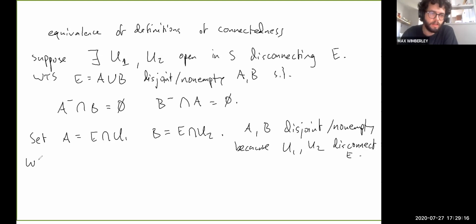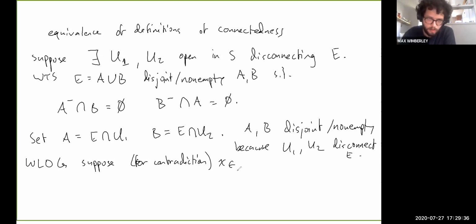In this case, it's a without loss of generality thing where we can argue by contradiction. Suppose, for contradiction, there was some X in the closure of A intersect B. So then, all right, let's see.